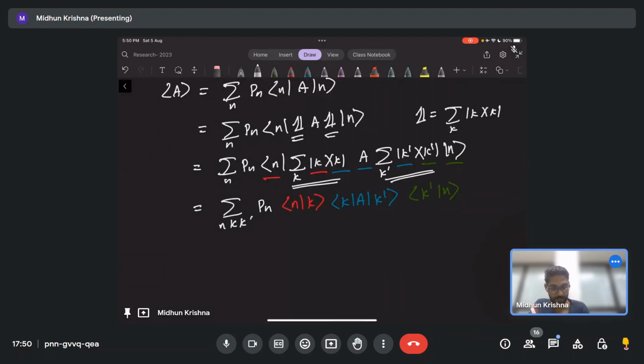These are all complex numbers, so since they're numbers, I don't need to worry about commuting. I can move them around.